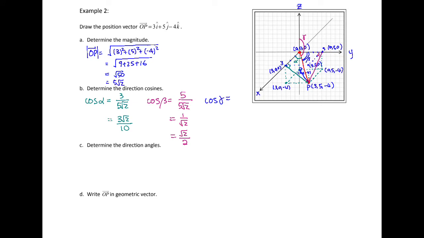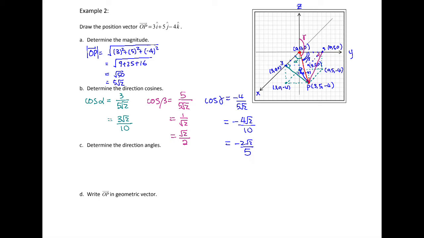So we write cos gamma equals -4, which is the adjacent side, over the hypotenuse, which is 5 root 2, and we're going to rationalize it by multiplying root 2 to both numerator and denominator. Then we're going to have -4 root 2 over 10, and 4 and 10 can be reduced down by 2, so we get -2 root 2 over 5.